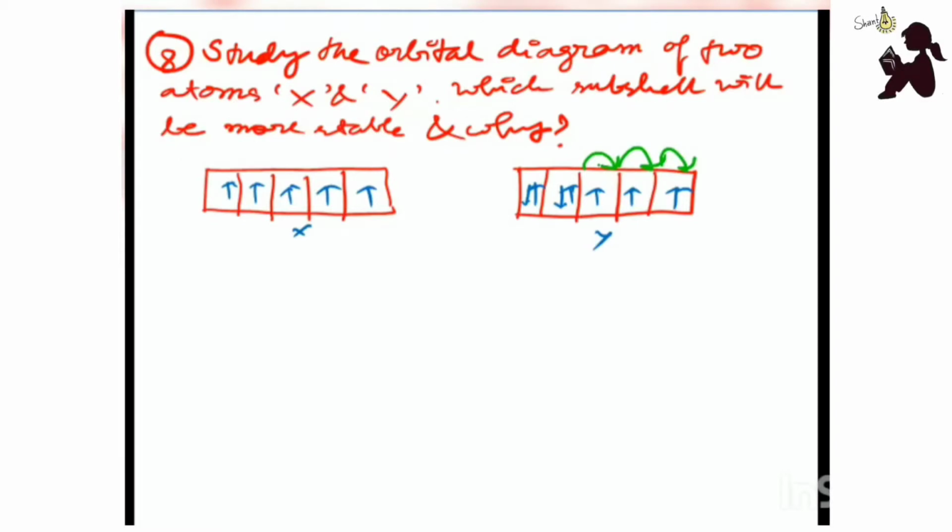So here energy distribution is in 3 subshells, but here you can see that they are all singly occupied, so energy distribution will be like this. So according to energy distribution, this x is more stable. So what will be the answer? That is x greater than y, because energy distribution in x is more than in y, so x is more stable than y.